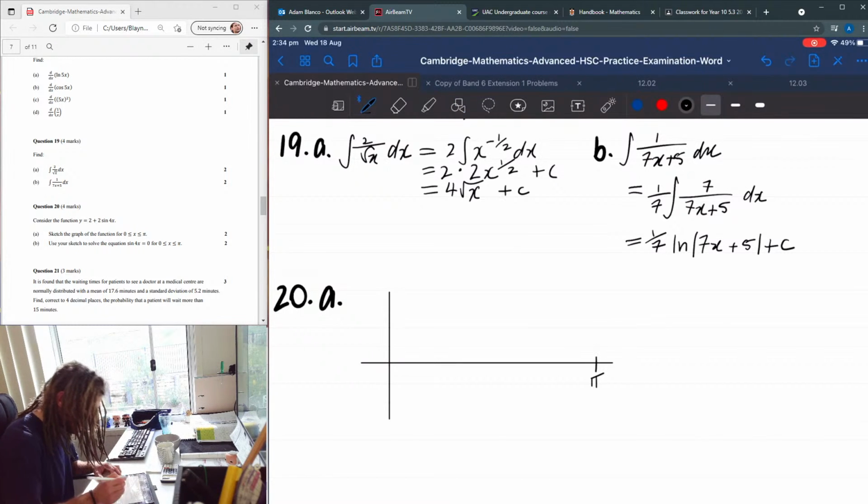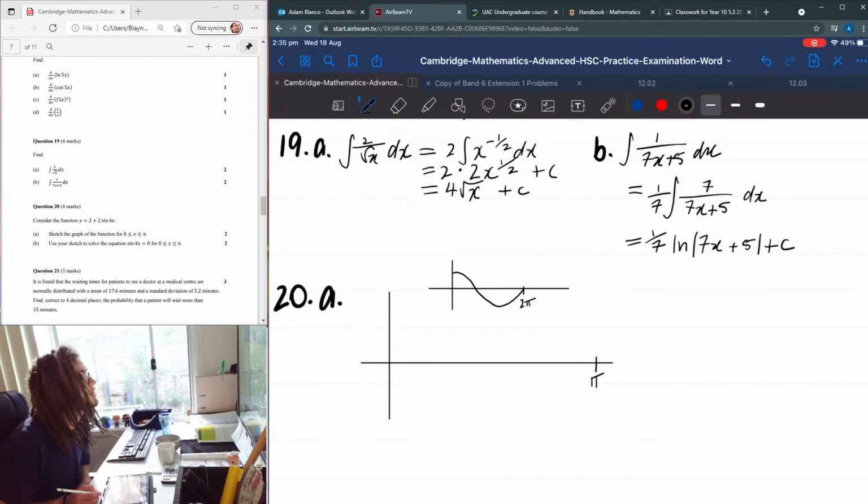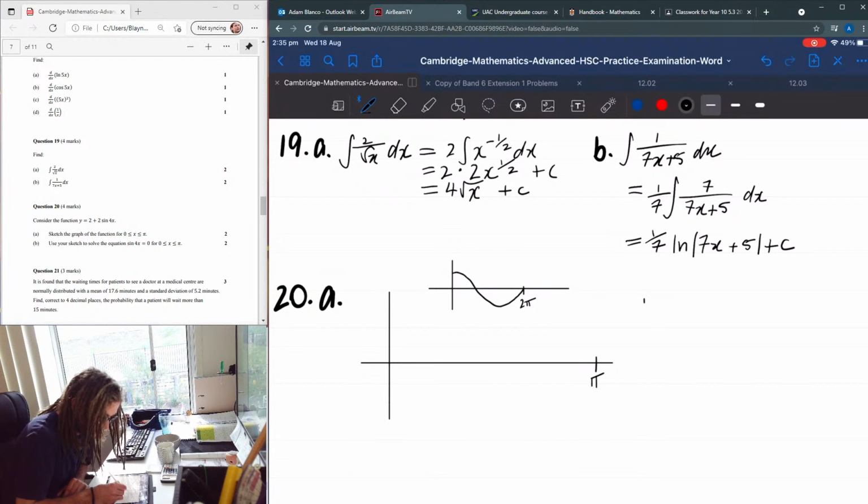Pi. So I just think what does sine normally look like? I'm just going to draw a quick little doodle up here of sine. Sine looks like that, 2 pi. Okay, so I've got y equals 2 plus 2 sine 4x.